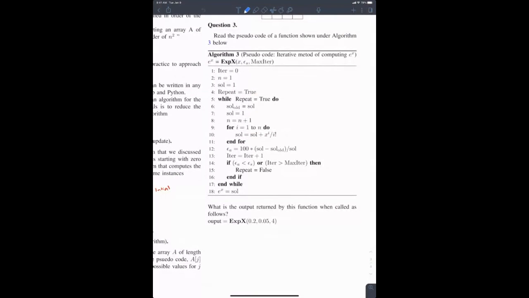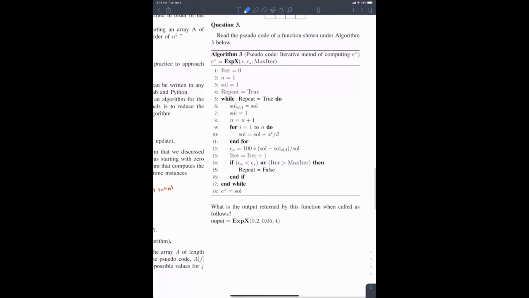Again, we are going to study all the theory of this. The question is, what is the output when you call this function like this? That is x is equal to 0.2, epsilon is equal to 0.05, and max iteration is 4.